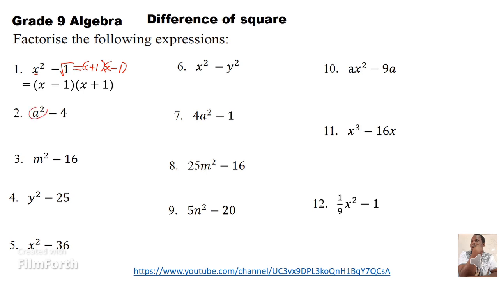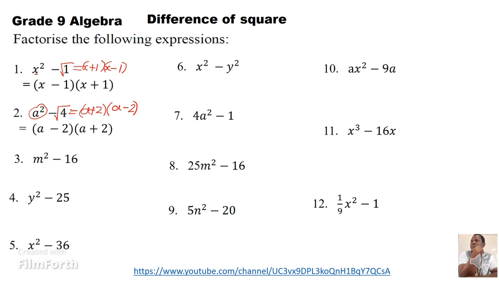There is exponent 2, which means I'm going to separate my expression into A and A, one A in one bracket, the other one in the next bracket. What you do next is find the square root of 4. The square root of 4 is 2. It's positive 2 and negative 2. That is my answer for that question.